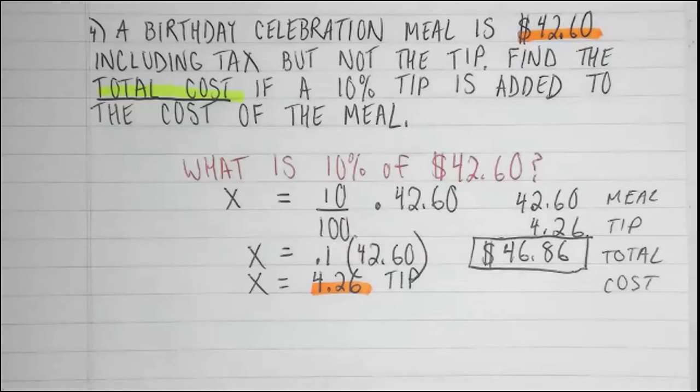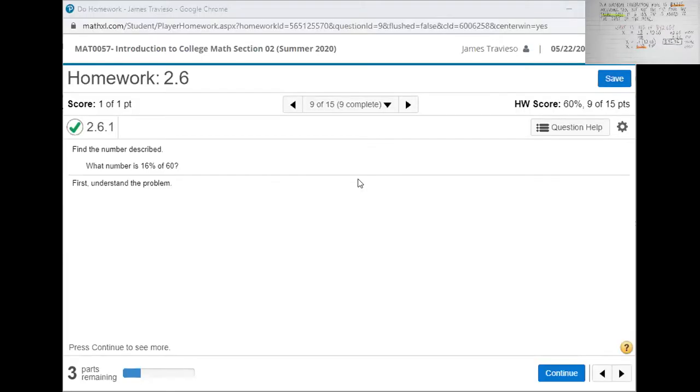All right, so for this next problem, I actually want to get into the program here and give you an example of what we're looking at. This is actually number 9. It starts out, find the number described, and it says, what is 16% of 60?